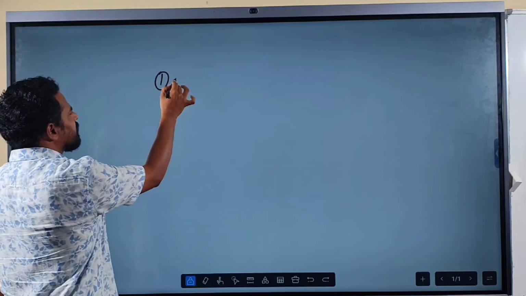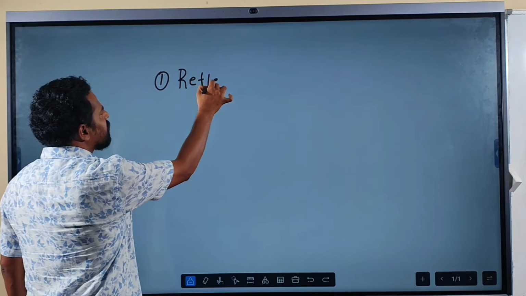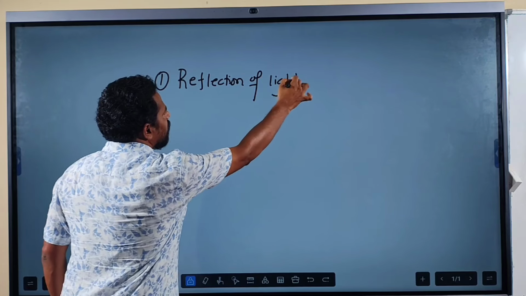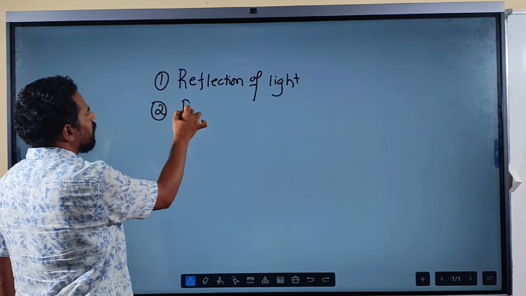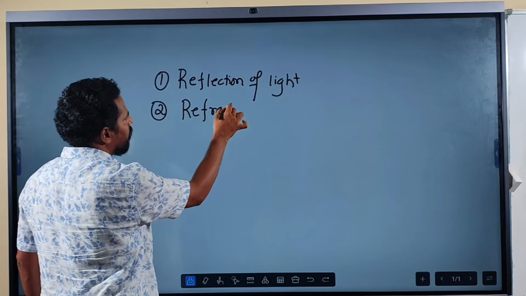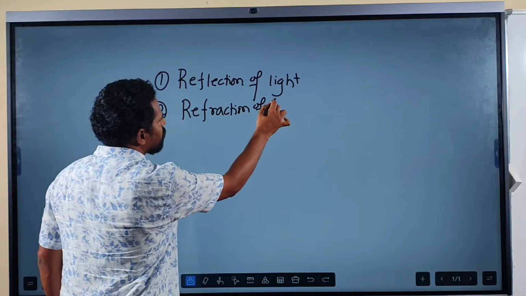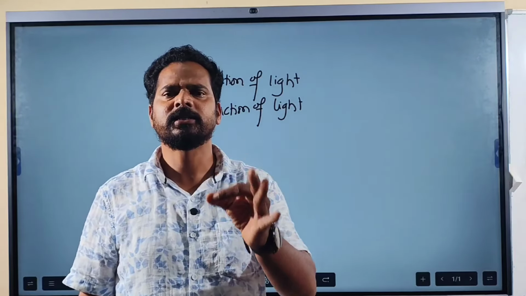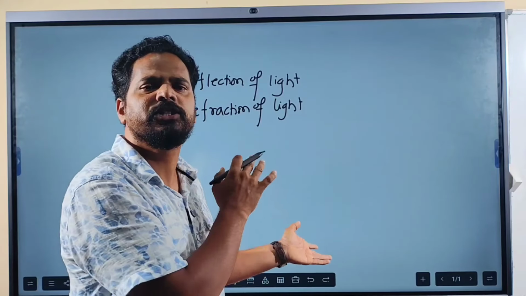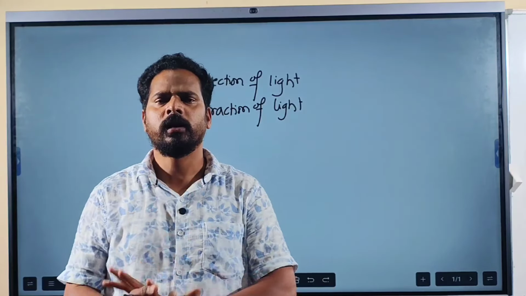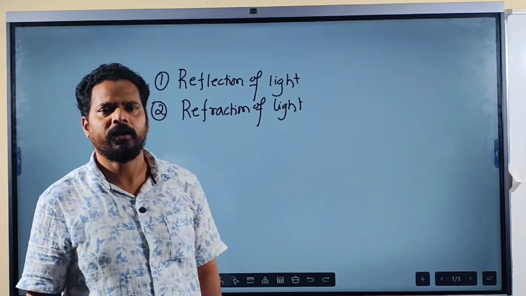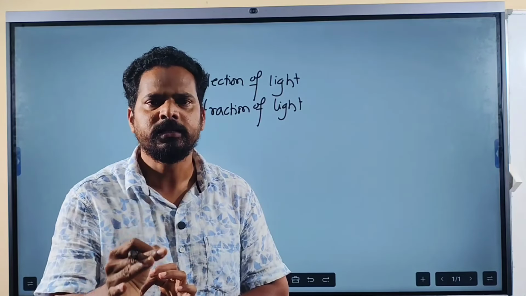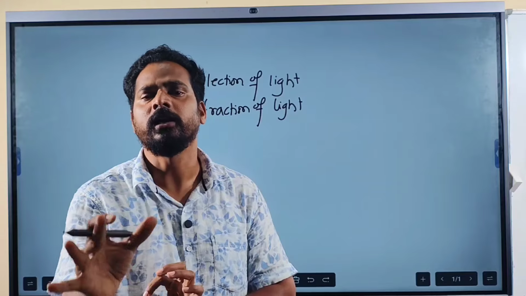The first characteristic of light is reflection of light. The second is refraction of light. These are the two important characteristics of light that we are studying in this chapter. Let us read these two important characteristics in this lesson. The first important characteristic is light reflection.